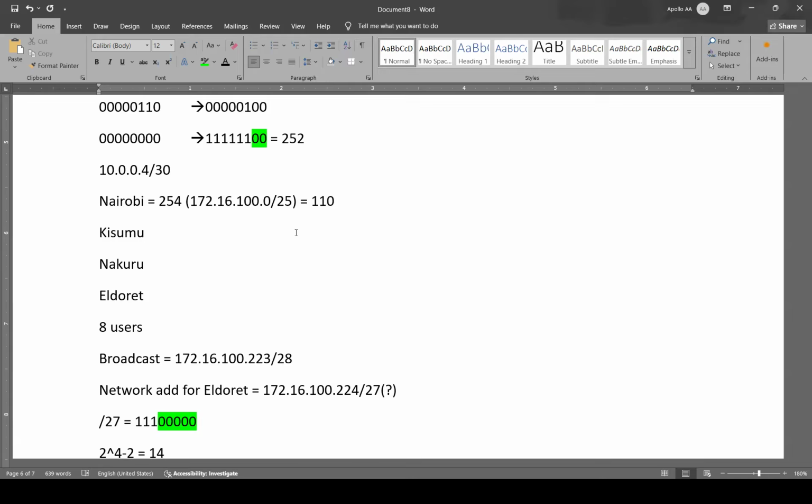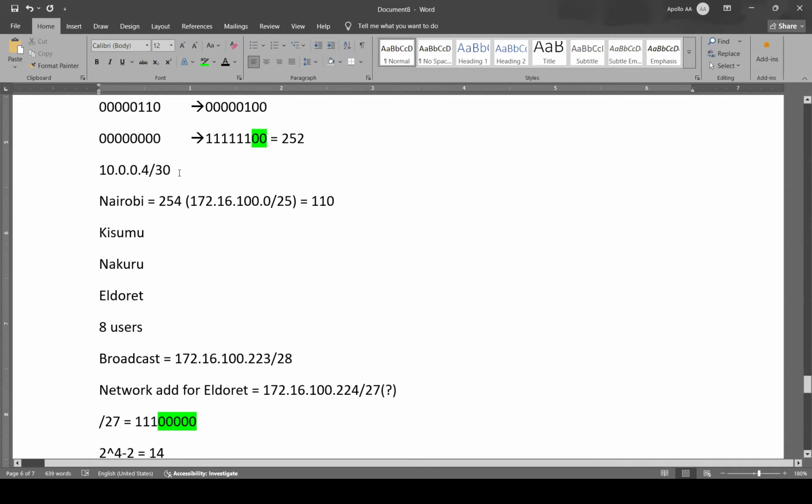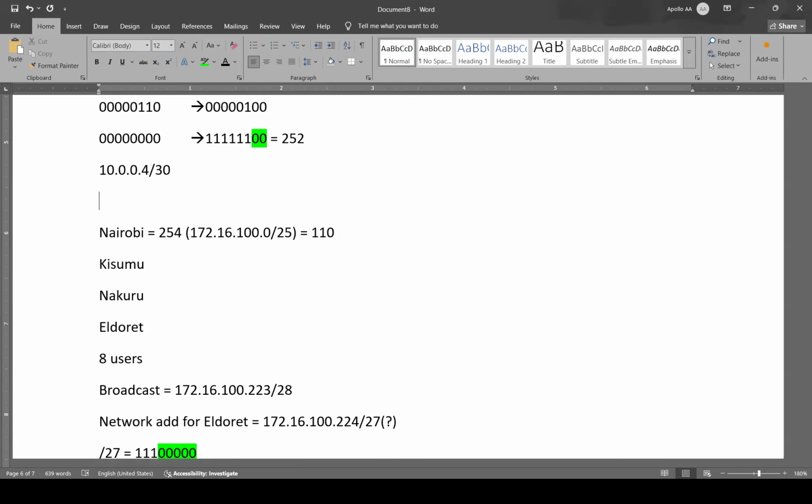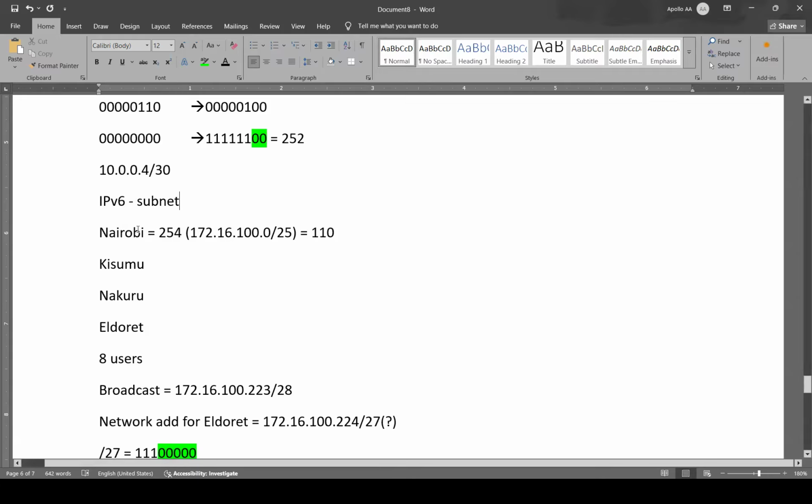We haven't covered IPv6. But you see, we are struggling to subnet in IPv4. IPv6 is the easiest. I mean, it's like a walkover to subnet in IPv6. Very, very straightforward. So that is IPv4 that we've talked about.